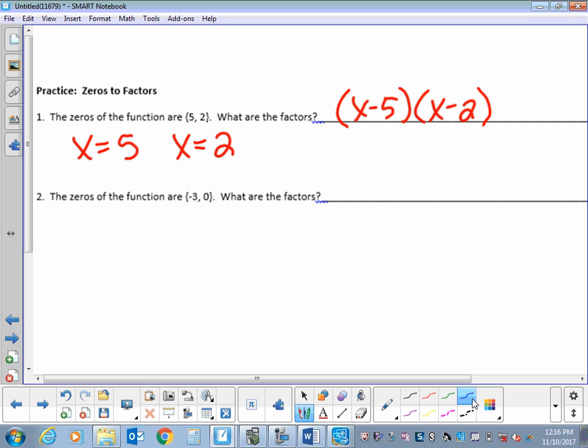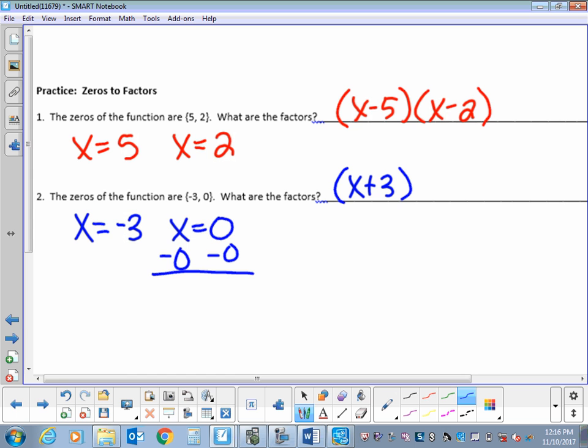All right, the zeros of the function are -3 and 0. What are my factors? X plus 3 and 0. Let's move the 0. How do we move it? We subtract, right? Will you ever see a factor that looks like that? It's the same as what? It's the same as just x.